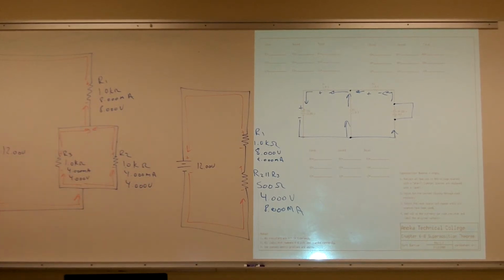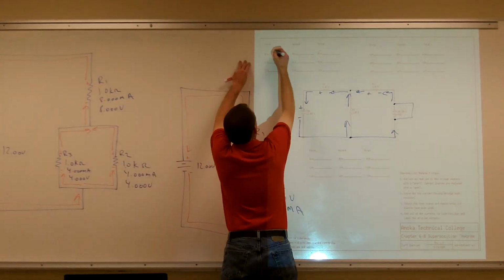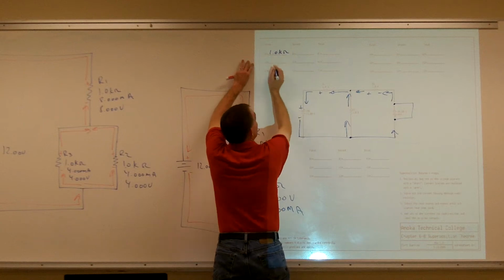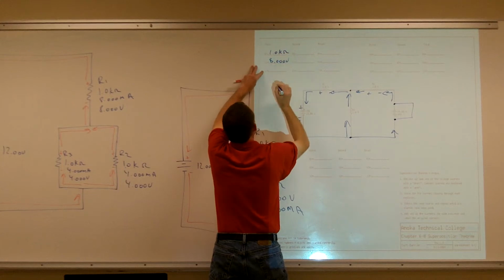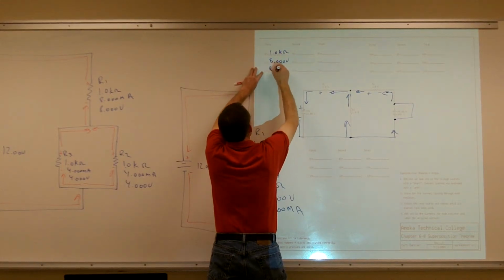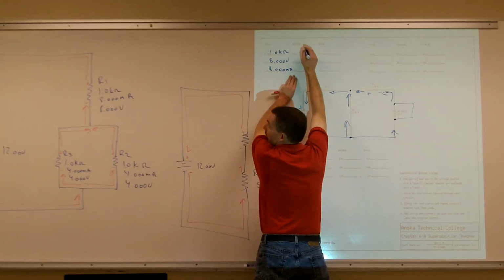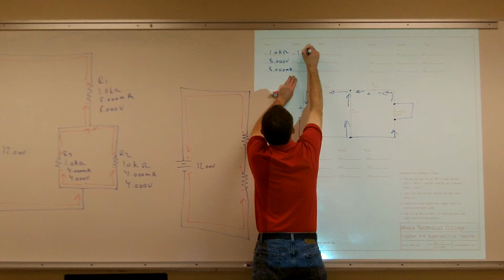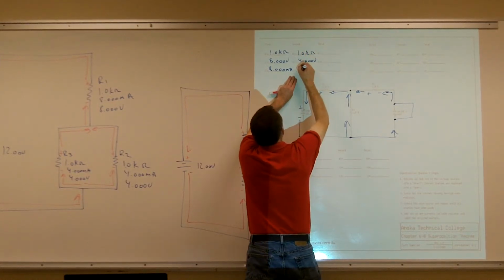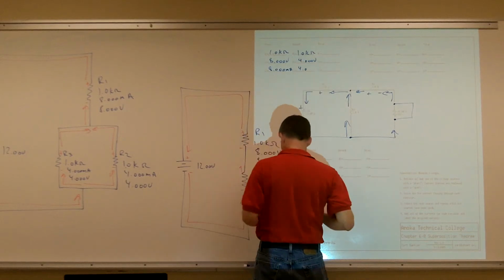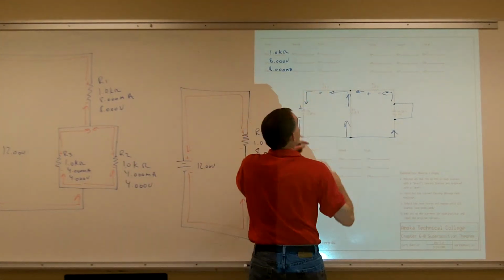All right, so we have all the information that we need. Our first step: R1 was 1 kilo ohm, our voltage across R1 was 8 volts, and our current going through it was 8 milliamps. Our second one was 1 kilo ohm, 4 volts, 4 milliamps. Oh, I'm sorry, don't do it there. Sorry about that, I'm still in R1.